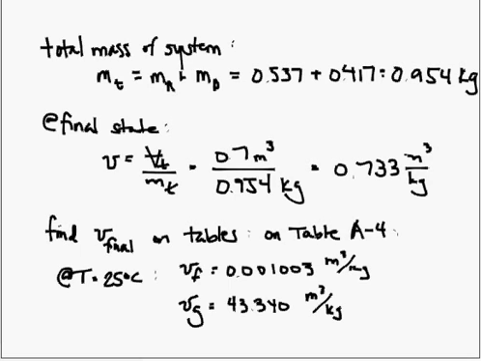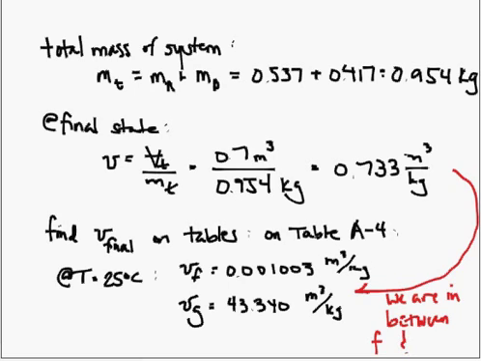Now, we look at our value that we just calculated, and we see that at our final state, we are in between saturated liquid and saturated vapor. So, we have a mix. Okay? So, we know now that we have a saturated vapor liquid mix. All right, the next slide.